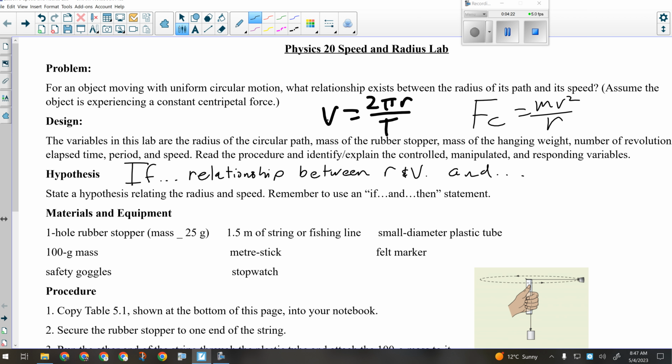And then the then part needs to predict your results. And that can include not just what's going to happen to V, but also the period, because obviously that's what we're actually measuring, and then we're calculating V from that.